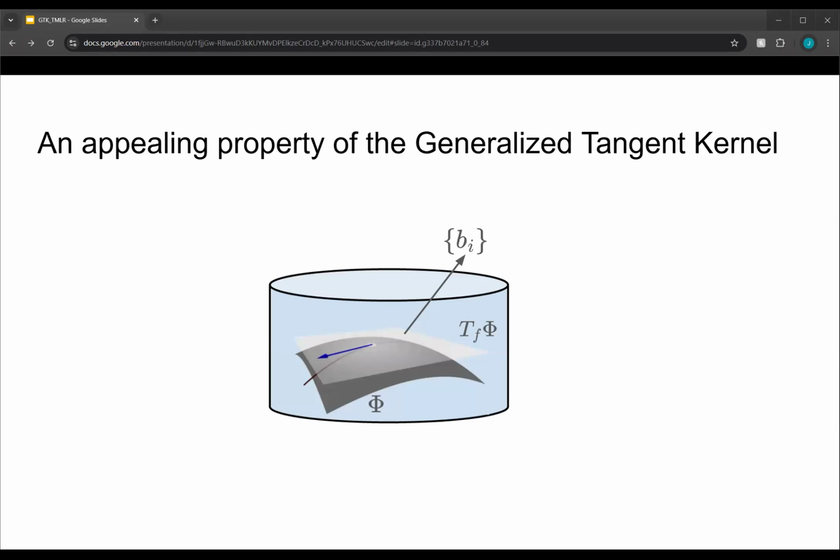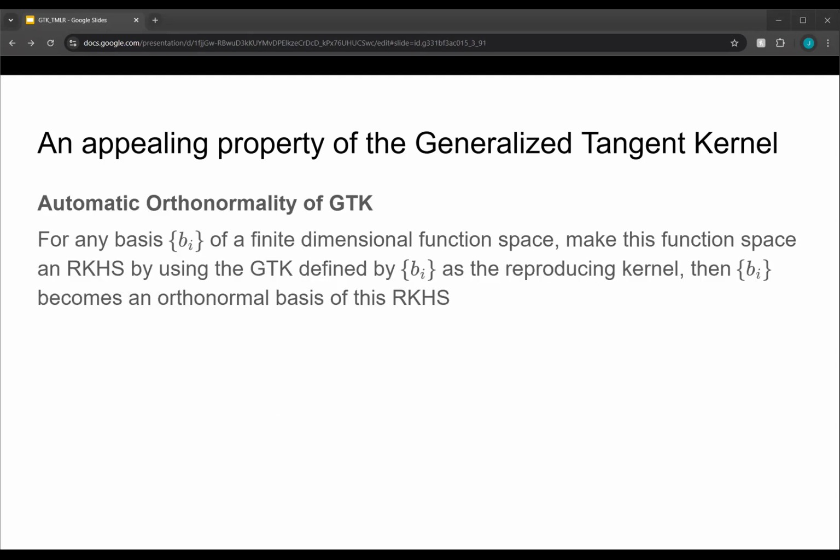As has been discussed so far, given an arbitrary basis, say B_i, on the tangent space of embedding phi, in general there is no reason that this basis is an orthonormal basis, such as the default push-forward basis. However, with GTK, we can show this automatic orthonormality property.